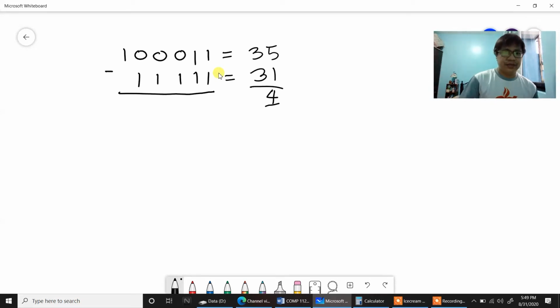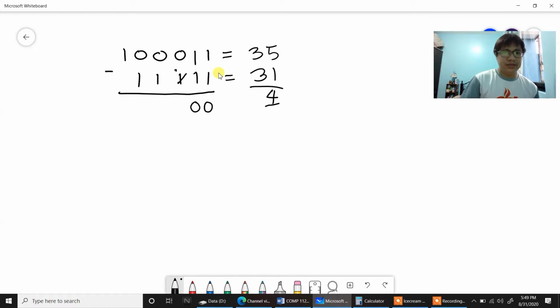To begin subtraction using binary, 1 minus 1 is 0. Again, 1 minus 1 is 0. But here, as you have observed, we have 3 bits that would equal a negative number, which should not be. So what's going to happen, this will turn out to be 1.